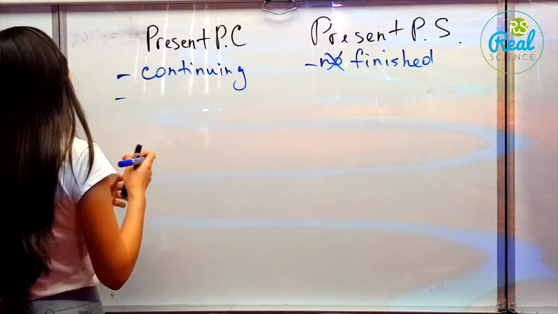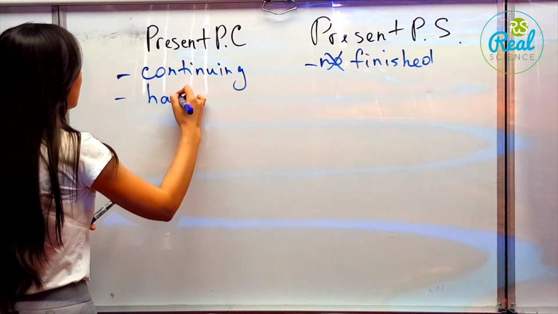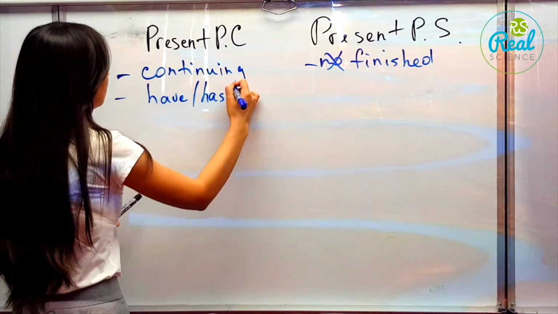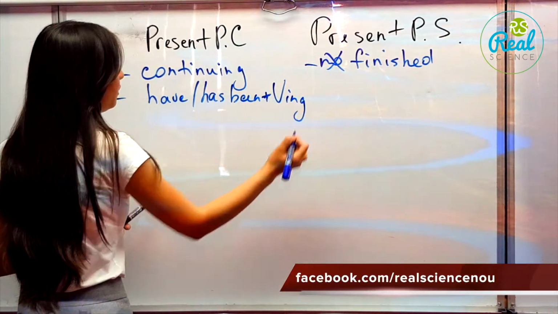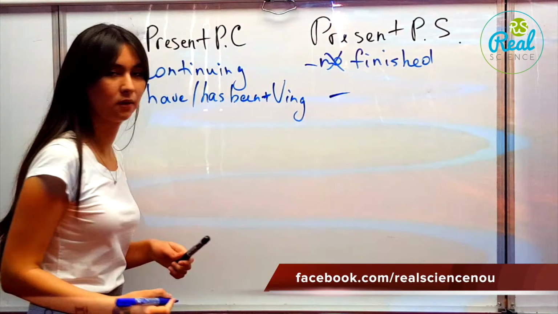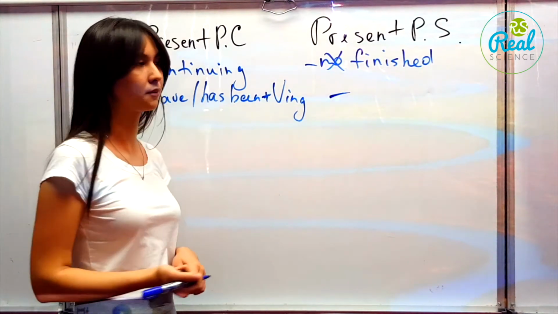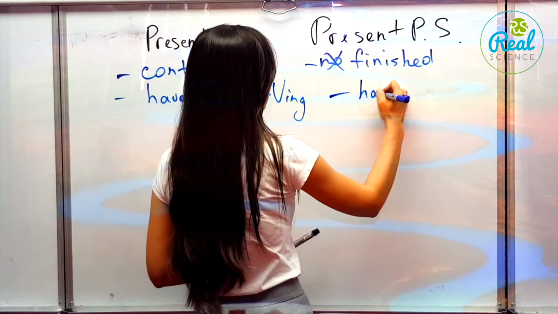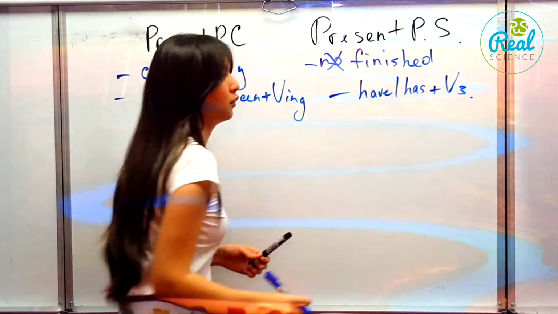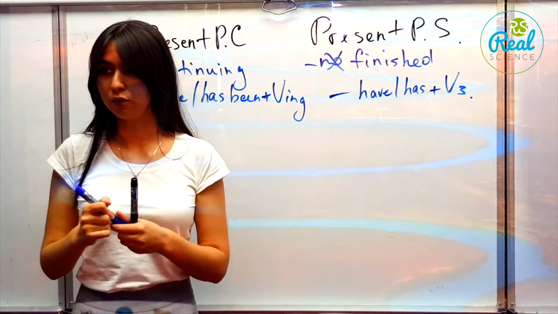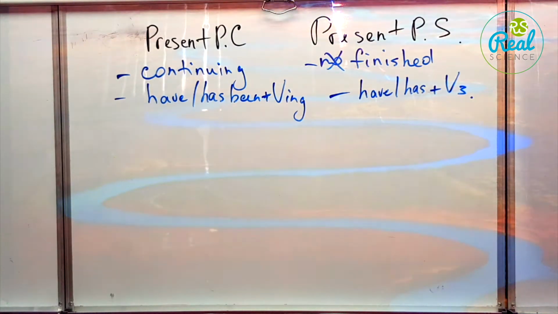Have, has plus been plus verb with ing. What about this one? Have, has, and the third form of the verb. Very good.